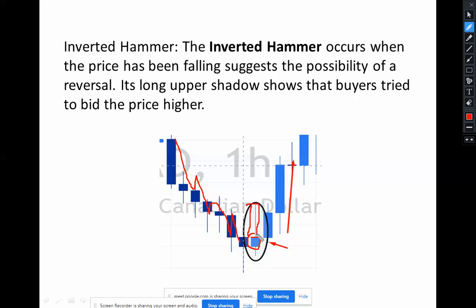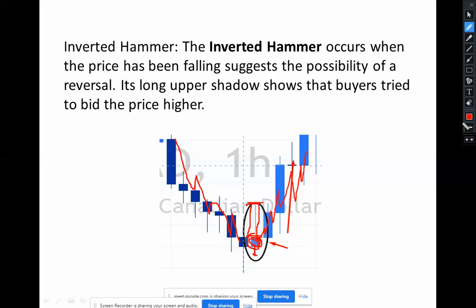Sellers pushed the price lower to this level, and again buyers entered and formed a green candle. The candle closed near the low. Because of this high, buyers have already bid the price higher here, so they are ready again to buy the market.